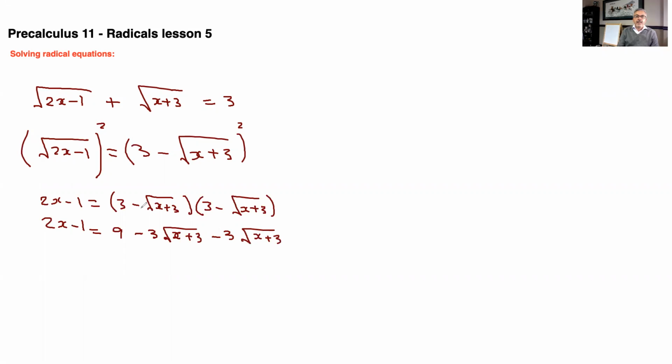And then negative times negative is positive, and when you multiply a root by itself, you just lose the root and you get x plus 3. Now at this stage, move everything to this side except for the terms that have the root in them.